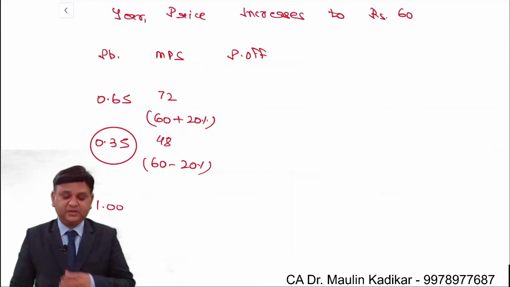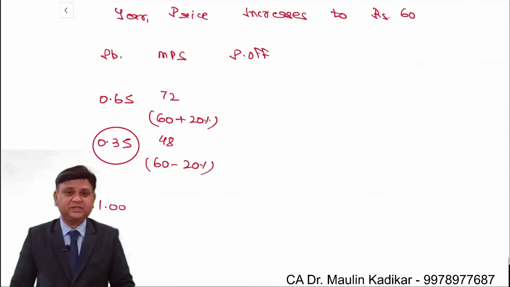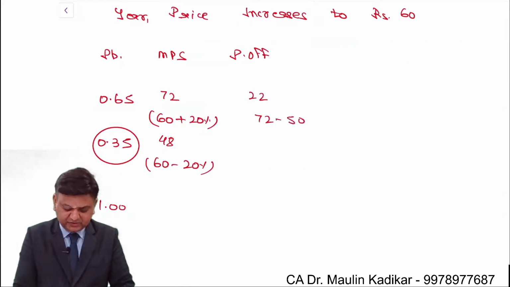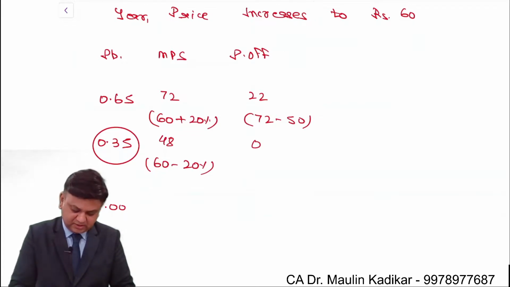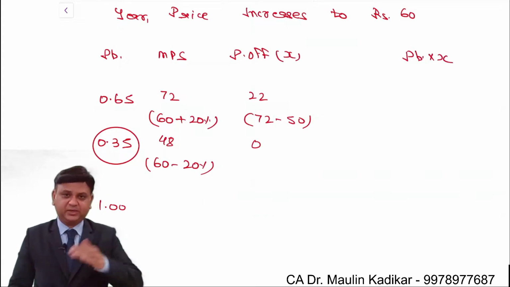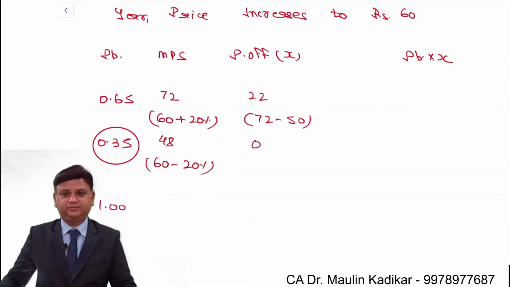What will be the payoff in the first case? In the first case the amount of the payoff is 22. That is 72 minus 50. In the second case the payoff is 0. Why? Because the option is not worth exercising. I assign x variable to it, probability into x, expected payoff and its present value.